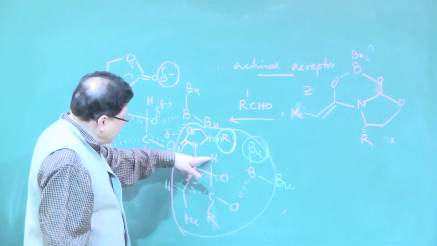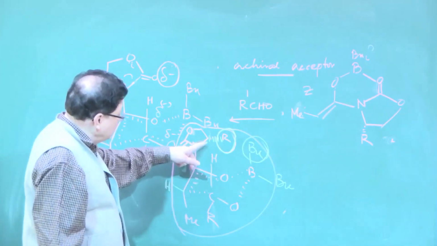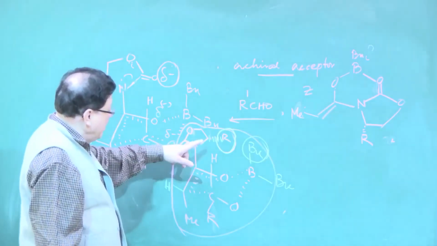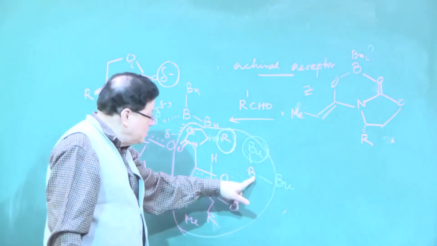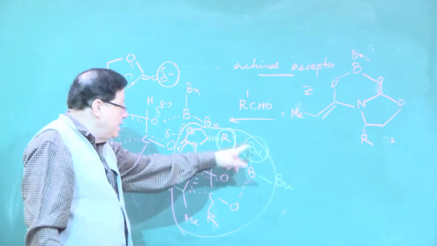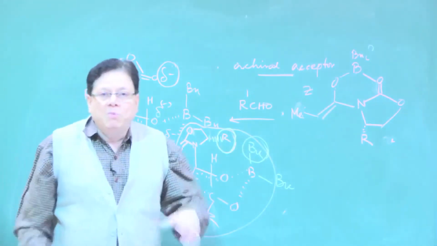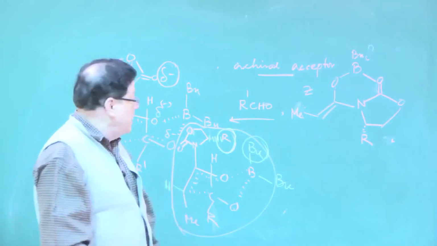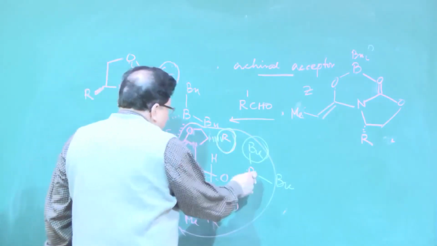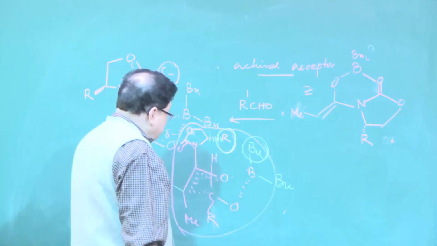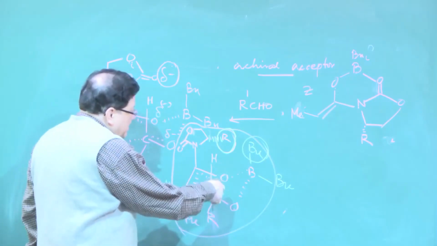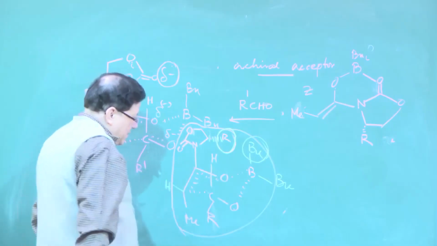Because if R is axial, then it will suffer not only from diaxial interaction with the oxazolidinone, but also with this butyl, and that is because of the boron. Had it been lithium, that would have been absent, because boron has another axial butyl group. So, syn selectivity is enhanced, number one.